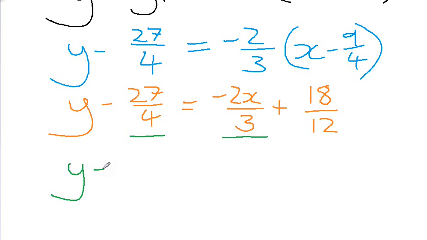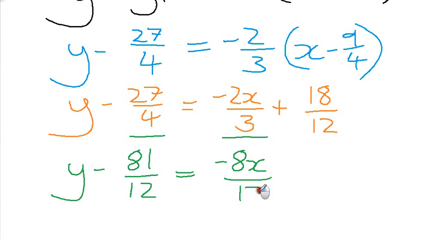So y minus, what's 27 times 3? 27 times 3 is 81, so 81 over 12, which equals minus 8x over 12 plus 18 over 12.